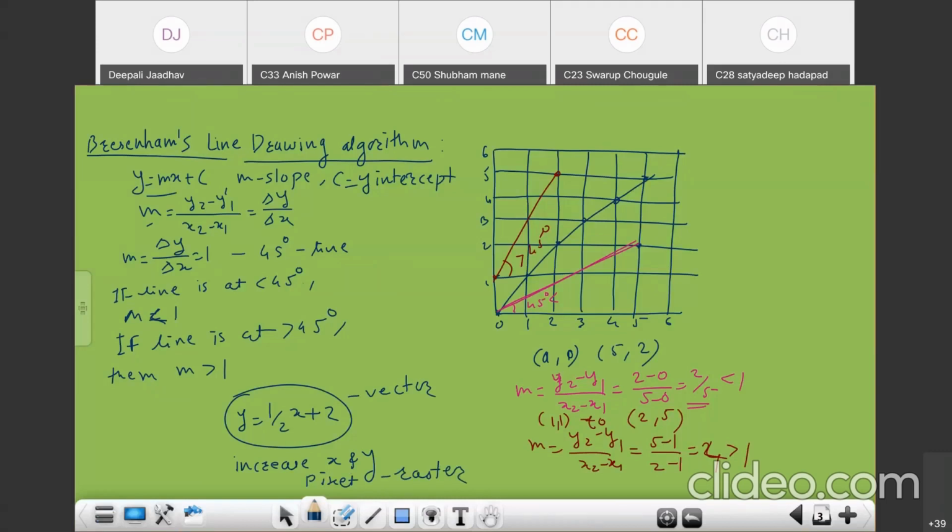How do we represent a line? y = mx + c. That is what we call a vector. But using this vector line equation, it is not possible to draw a line. For that we need pixels, which is known as raster. So conversion of this vector into raster is known as rasterization.